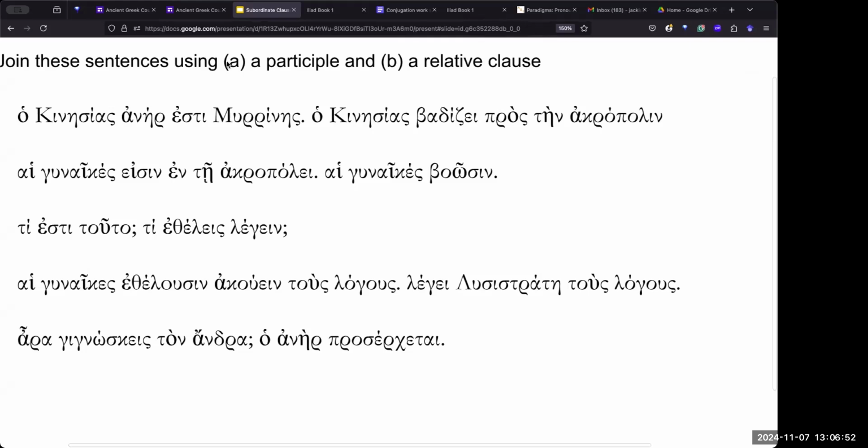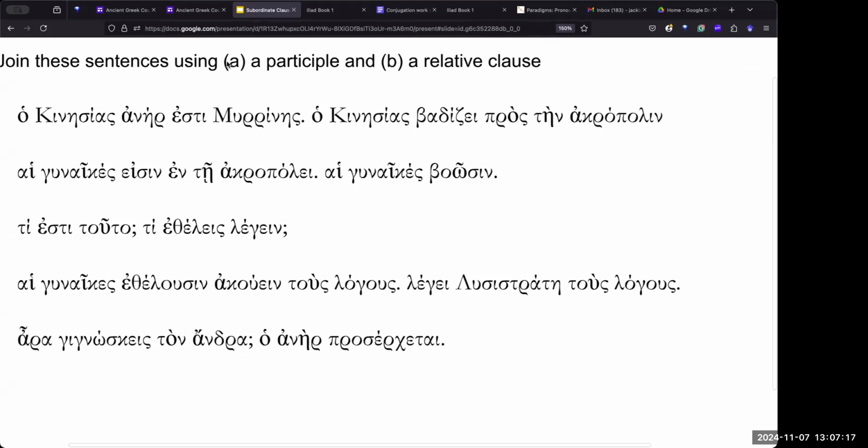Ho Kinesias aner estin Murines, ho Kinesias badidzei pros tein akropolin. So we've got two sentences. One is Kinesias is the man from Myrrhine.